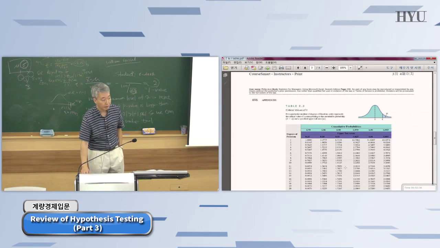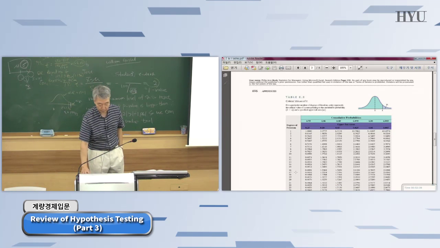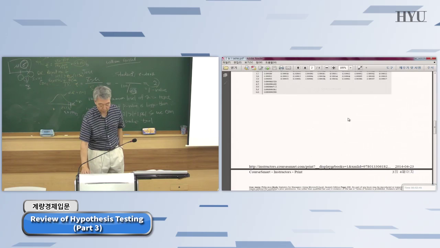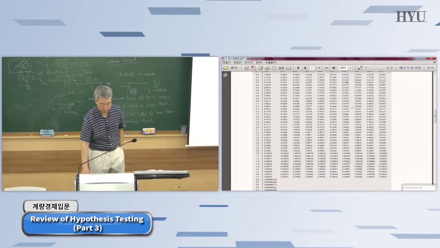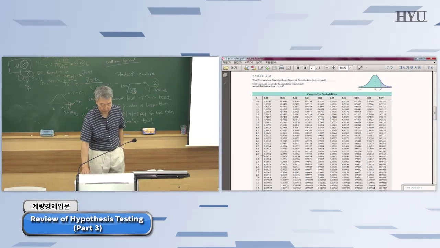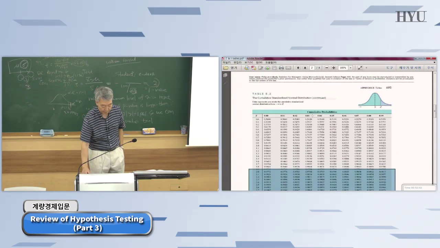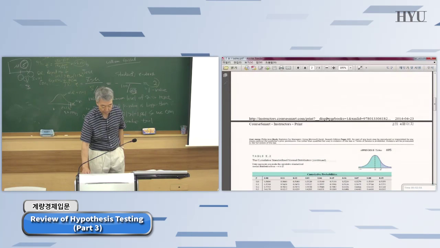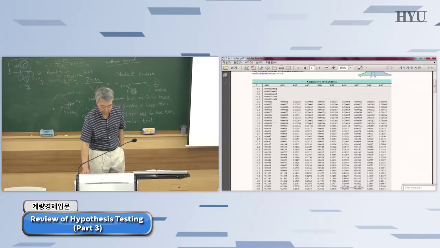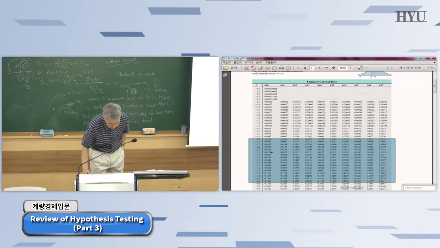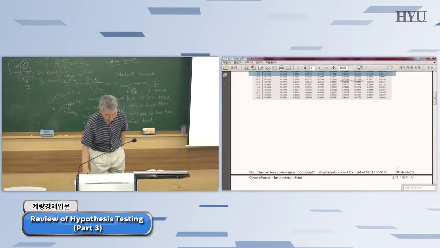and if you're running a z-test, right here, if your test statistic was 2.0, you could locate the 2.000 here, and you found out your p-value was actually 0.0228, right?